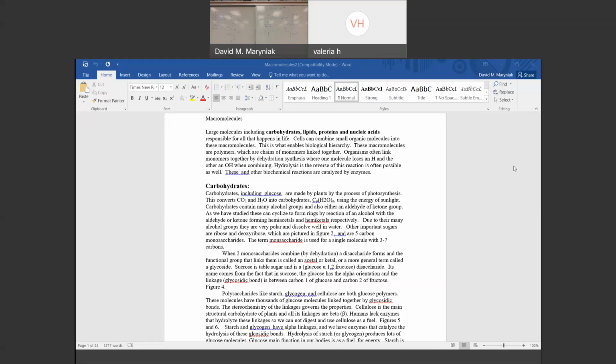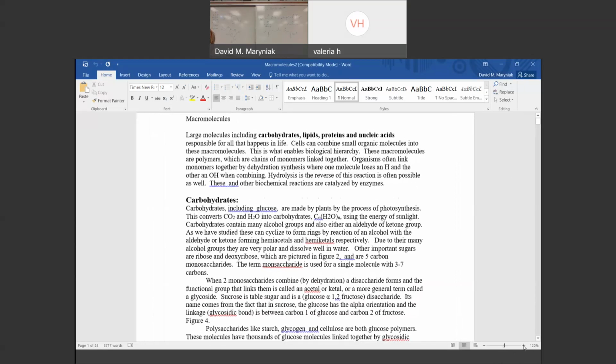Macromolecules today. You got that handout? If not, it's on the screen. Can we see it? Big enough? Nope, that's cholesterol.